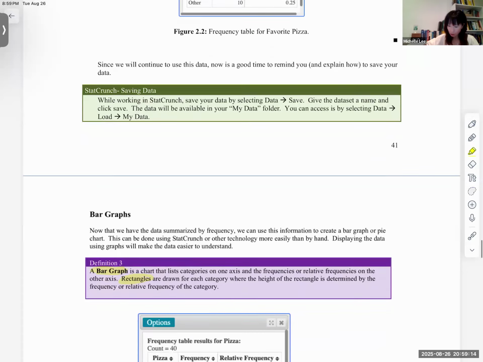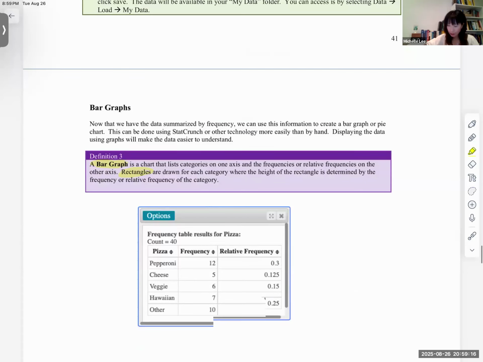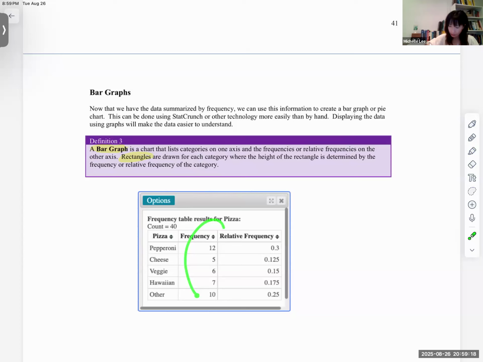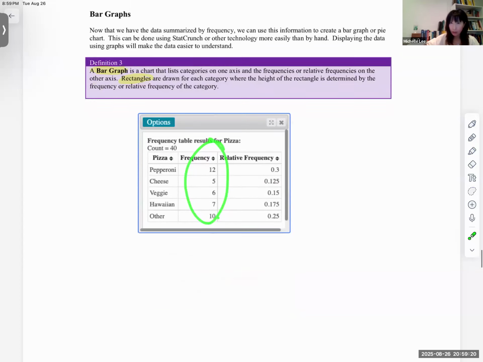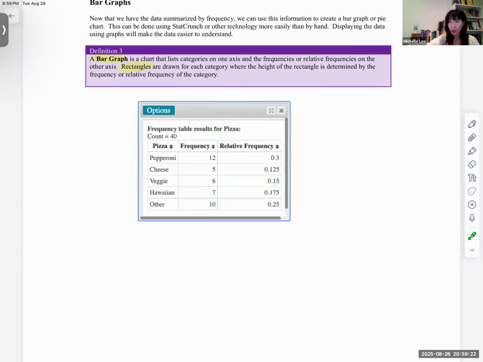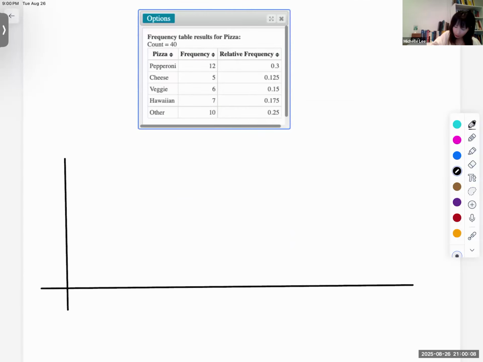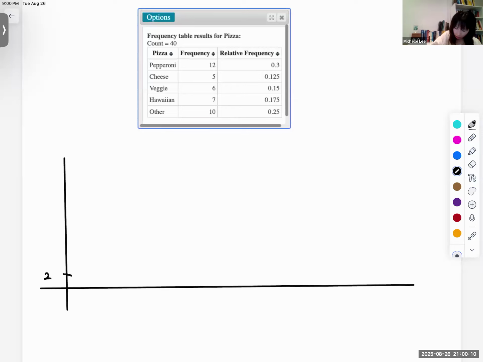Okay, so let's say using this information, the frequencies. All right, let me draw the line. Let's make a scale: 2, 4, 6, 8, 10, and 12.